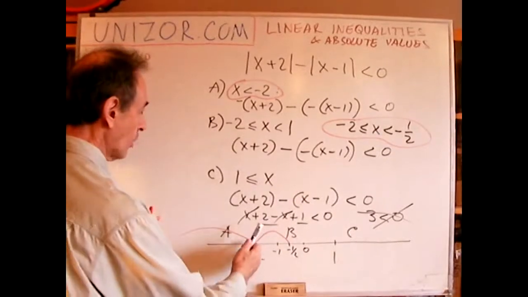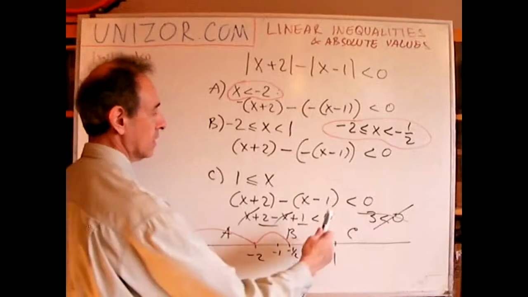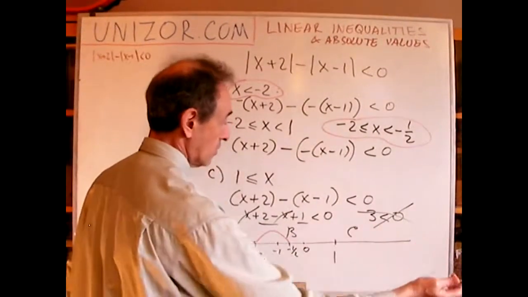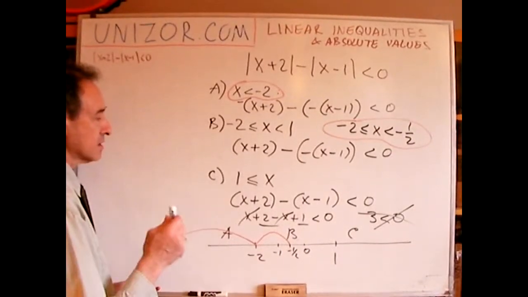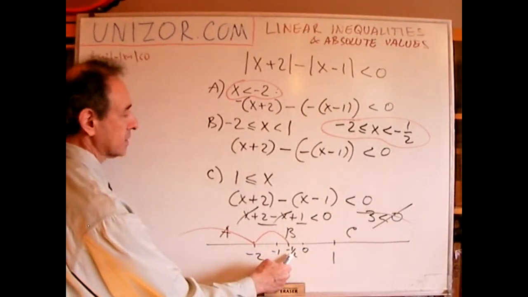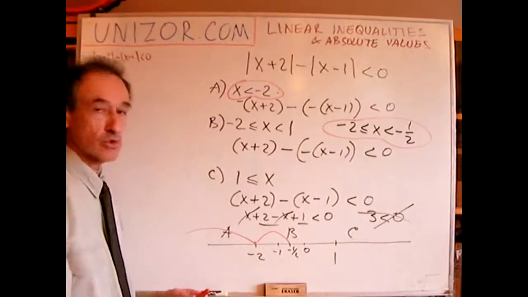So there are no more solutions. We found all solutions in the A area, all solutions in the B area, and basically no solutions in the C. So only the numbers from minus 1/2 to the left are actually solutions to our inequality.